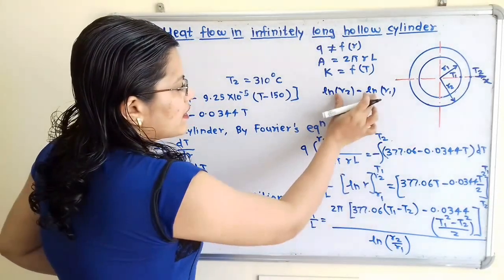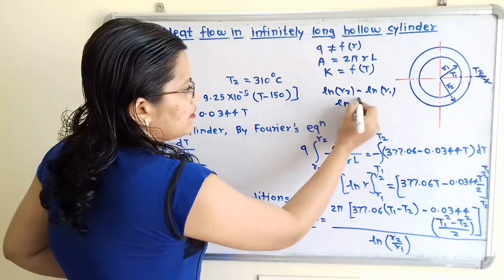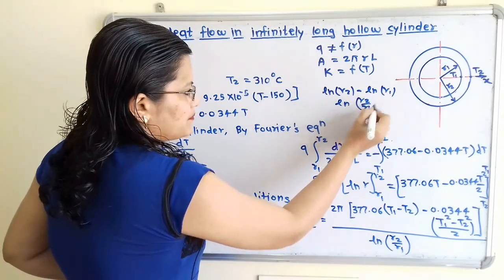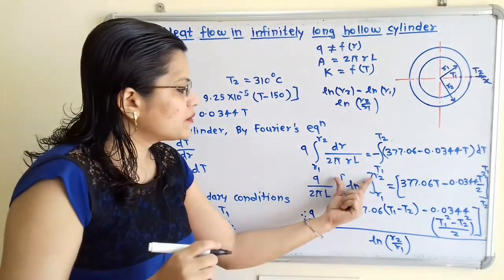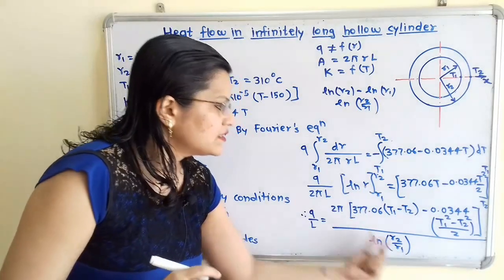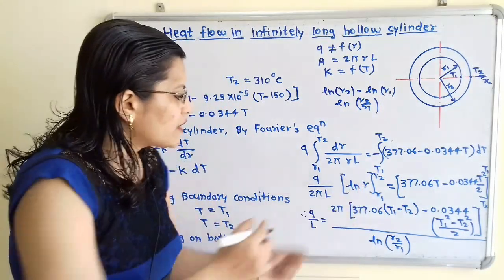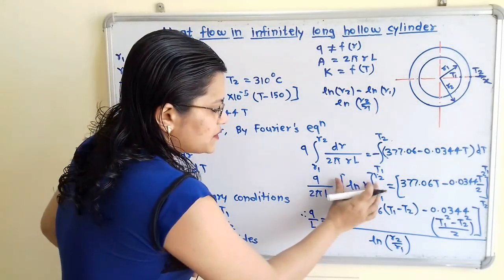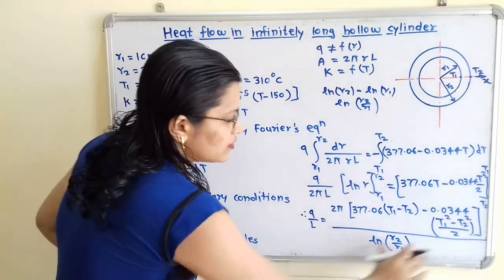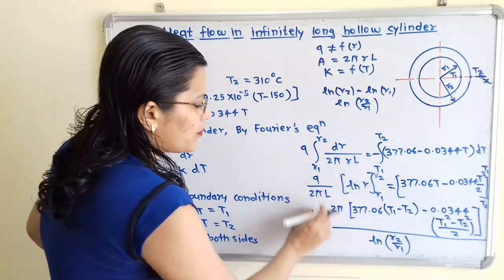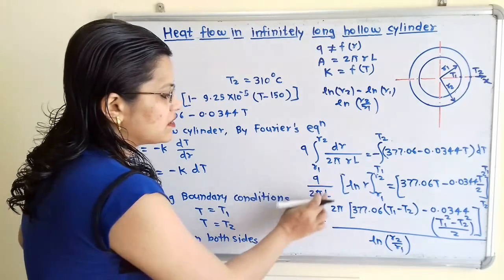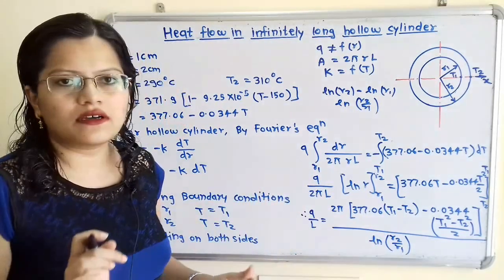Again we can simplify this as ln r2 by r1. This is in the numerator, so we transfer it to the denominator on the right hand side, and 2 pi also goes to the right hand side. It is in the denominator, so it will come in the numerator.